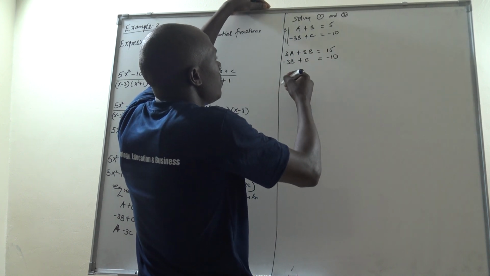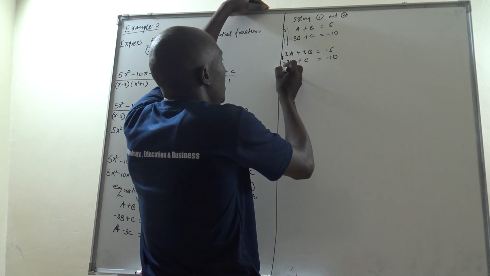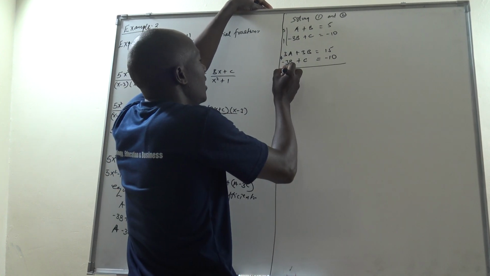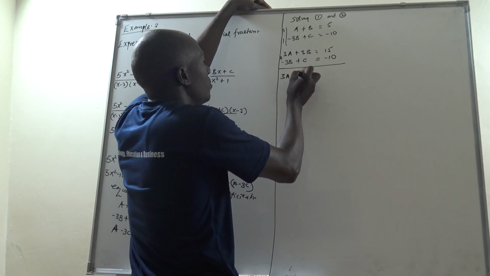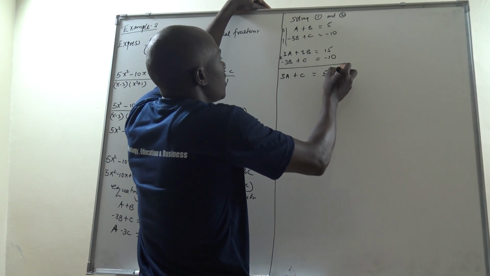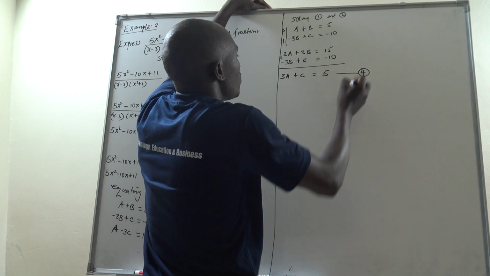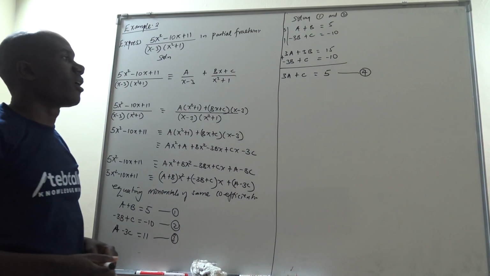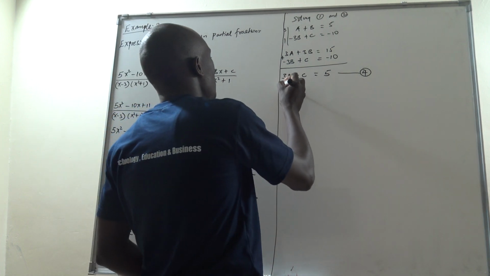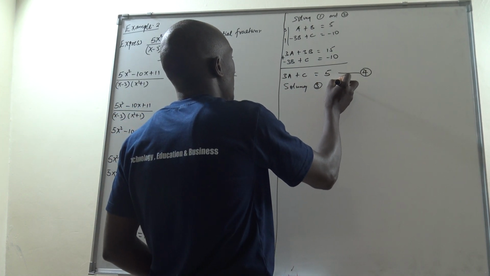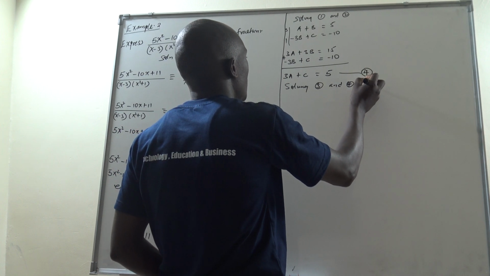How can I eliminate B? By adding. When I add, B disappears, and I remain with 3A + C = 15 − 10, which is 5. I can call this equation 4. Now you can see equation 4 is related with equation 3. Then I say solving 3 and 4 simultaneously.